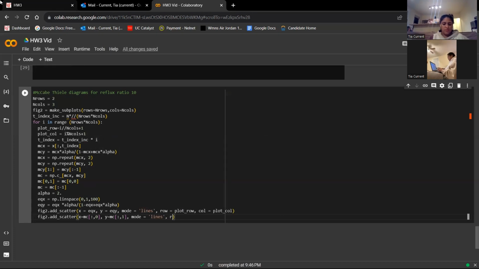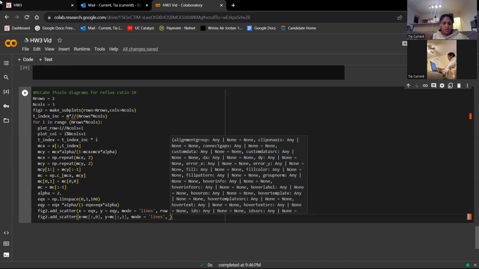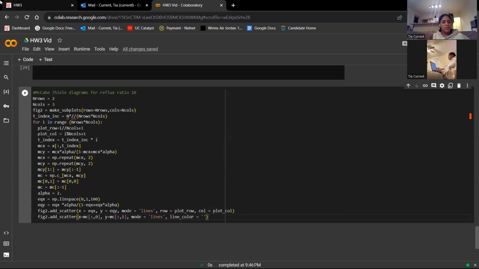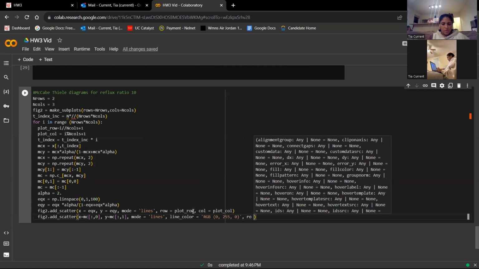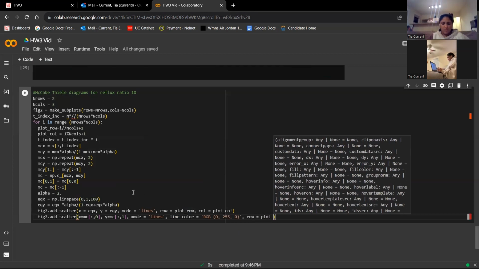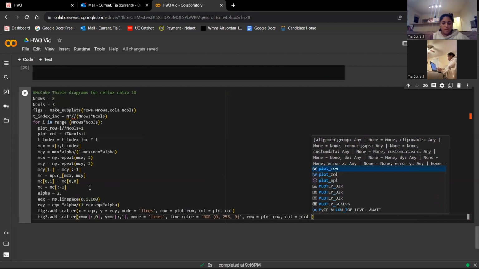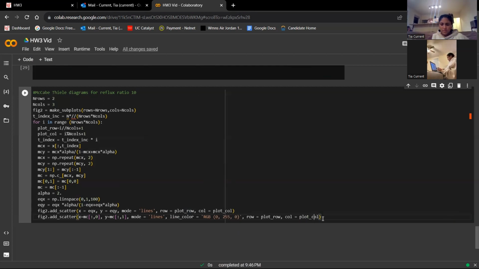As always, line, color equals rgb 0, 255, 0, like before. Row equals plot_row, col equals plot_col. And press enter.